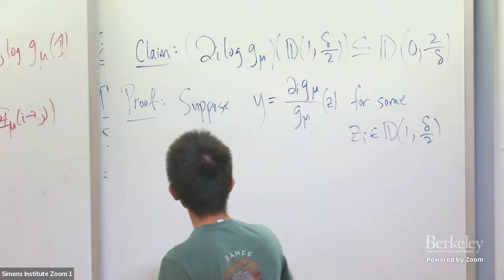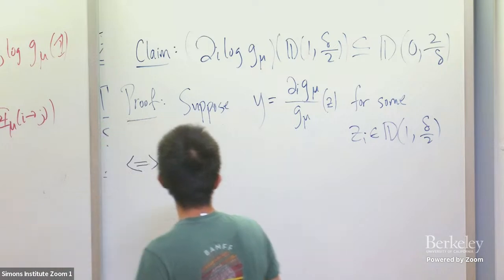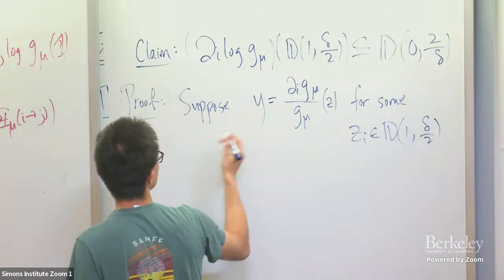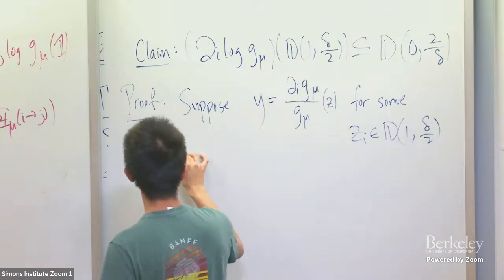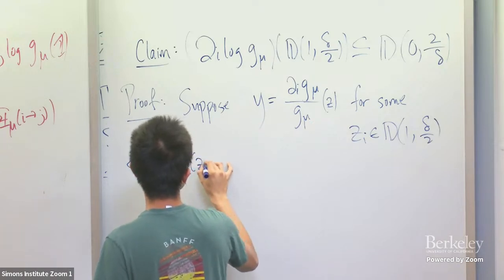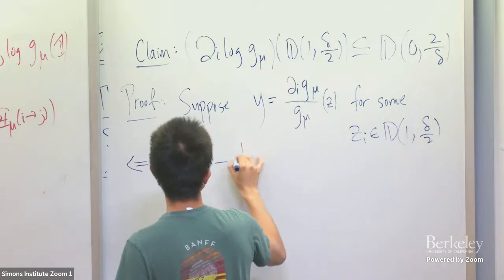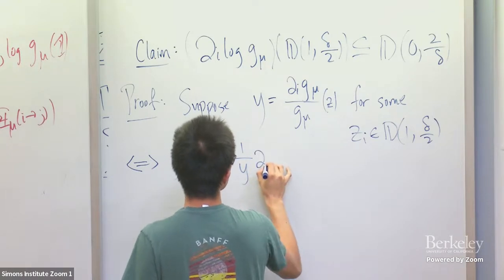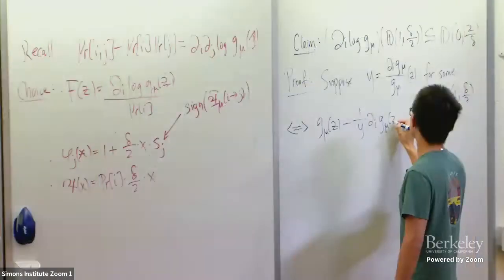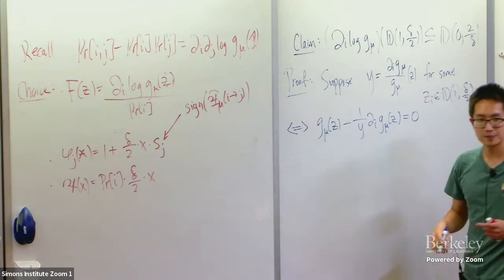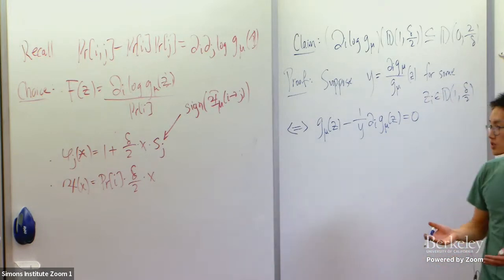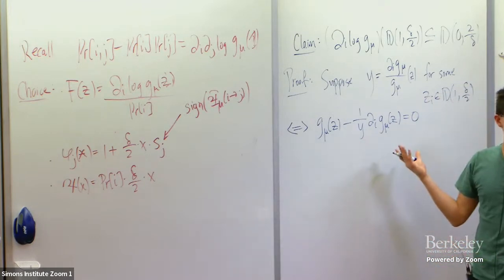If I just rearrange, it's the same thing. If I move everything across, g mu of z minus 1 over y times the derivative of g mu of z equals 0. So I have a polynomial and it's 0.